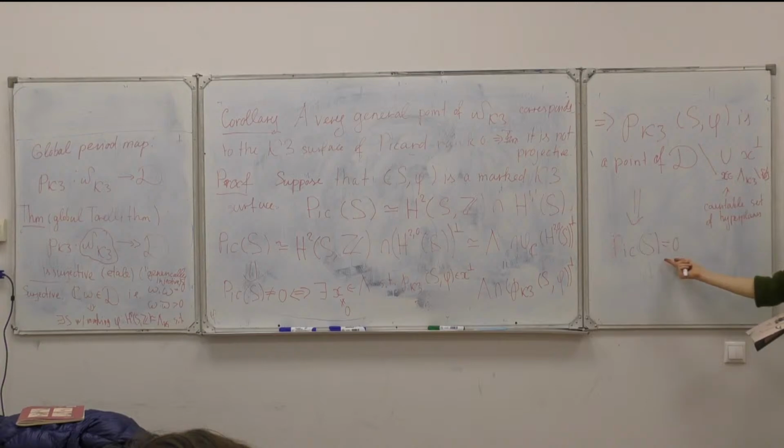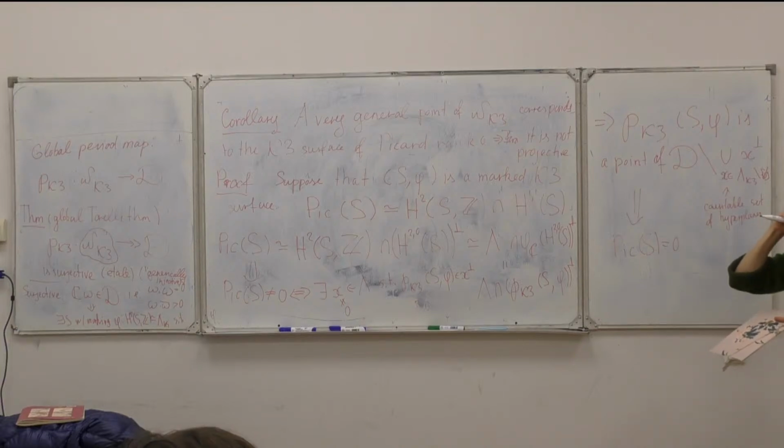So we can construct such a K3 surface. And what we claim is that the Picard group is non-zero if and only if the image lies in this union of orthogonals to all points in the corresponding lattice, right? And the lattice is a Z-module, so it's discrete. So this is a countable set of hyperplanes. Outside this countable union, K3 surfaces have zero Picard group. So a very general K3 surface is not projective.